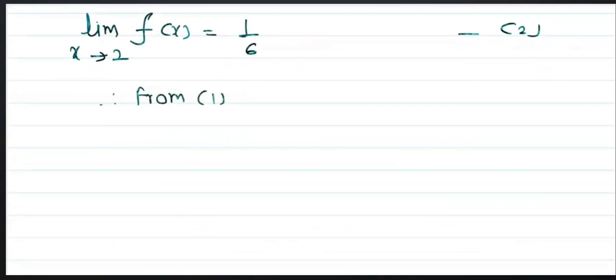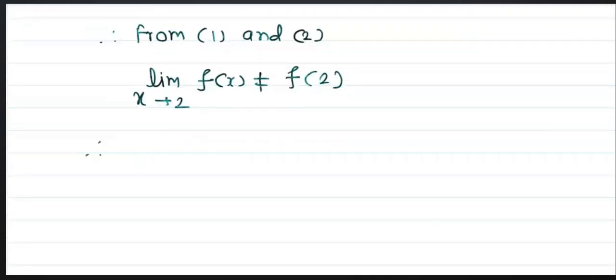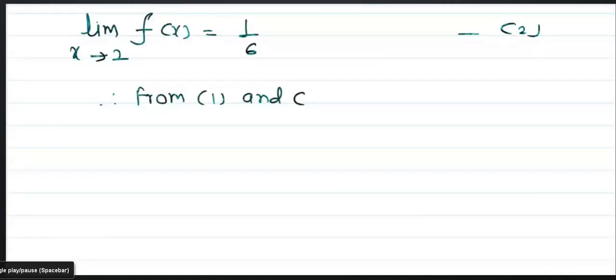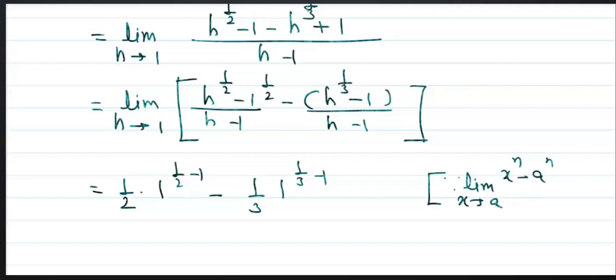But what is the value of the function? The value of the function is 1 by 5, and that's why the given function is not continuous at x is equal to 2. That is, it is discontinuous. Then you can see this, you can write it down. You can pause and write it.